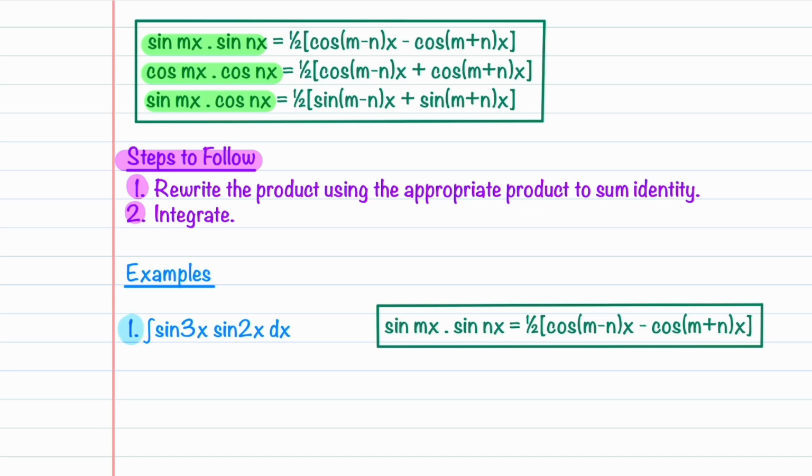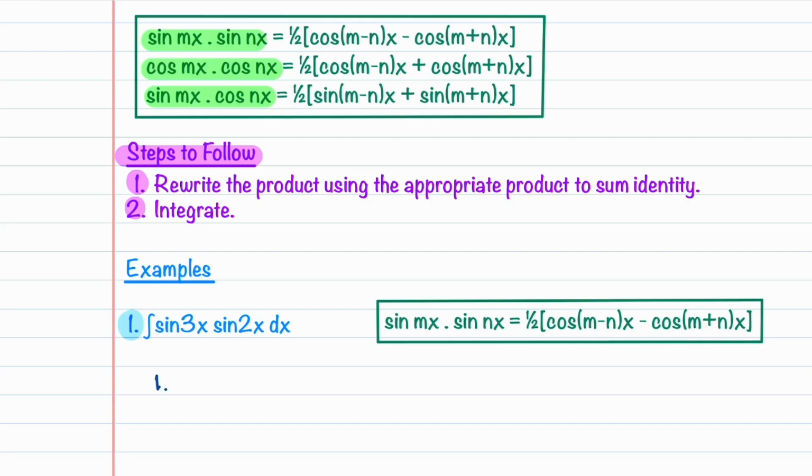We are going to integrate sine 3x times sine 2x dx. Our first step is to rewrite the integrand using this product to sum identity right here, sine mx times sine nx. Let's start by writing down what m and n are equal to. M is equal to 3, and then n is equal to 2.